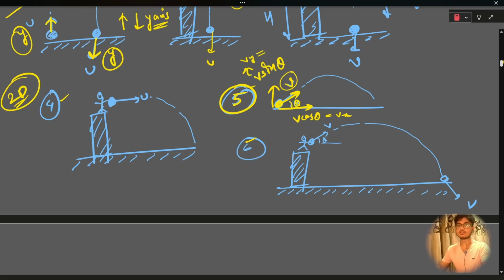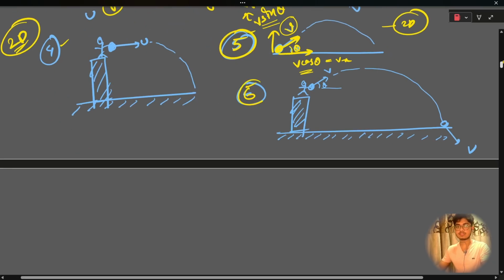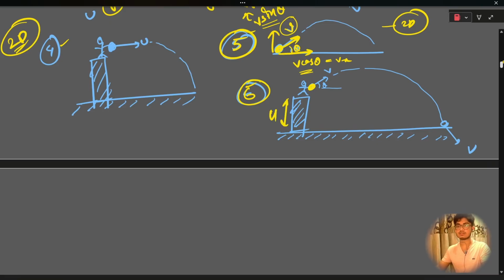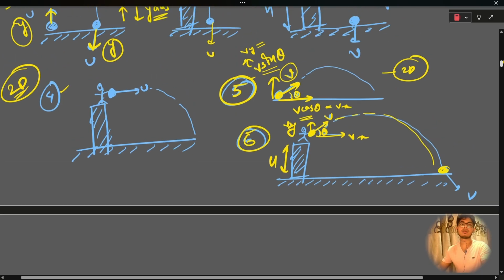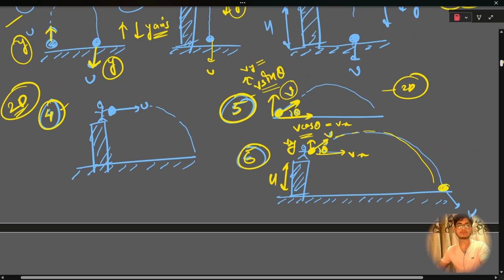So this has the two velocity components x and y, so this is 2D. The sixth one is just a similar case, but from a tower of height h. This has a Vx, Vy, according to the theta with the horizontal, so it just becomes like this. Now the fourth one is throwing a ball completely horizontally.